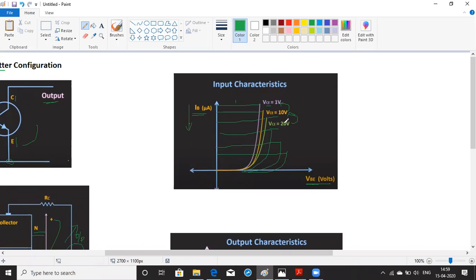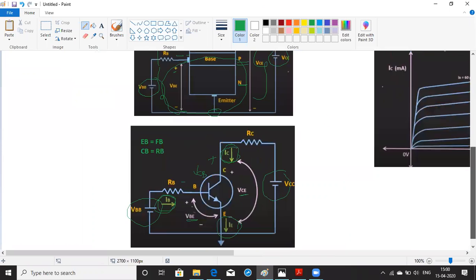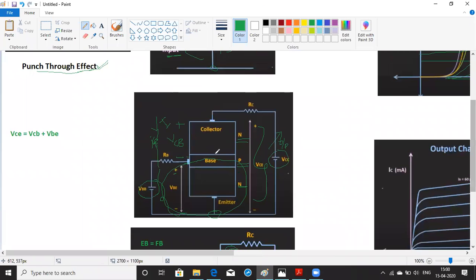We'll cross-check what we are doing. You are increasing the VC, and whenever you are increasing VC, the base current is dropping. Why is it dropping? We'll try to cross-check here. What I have written here is when VCB is increasing.